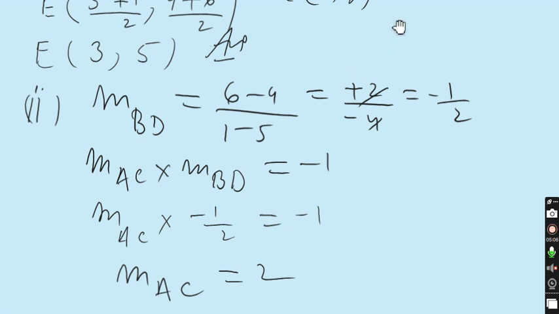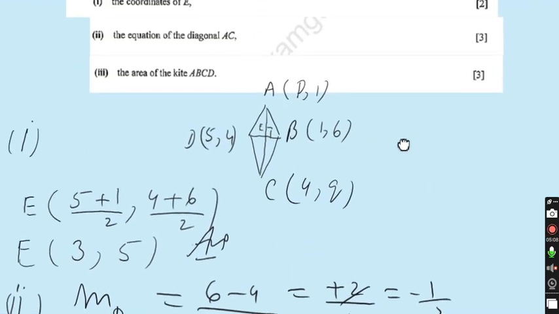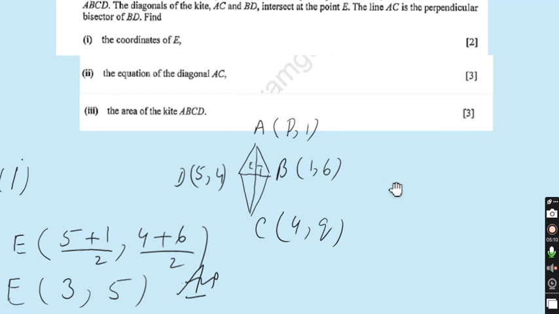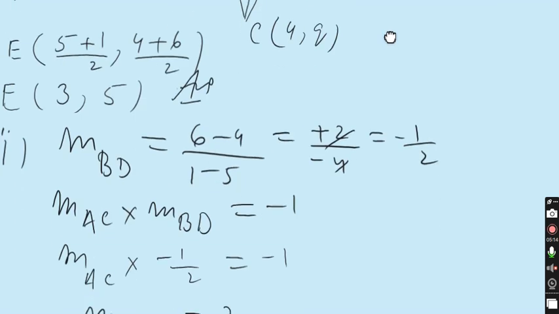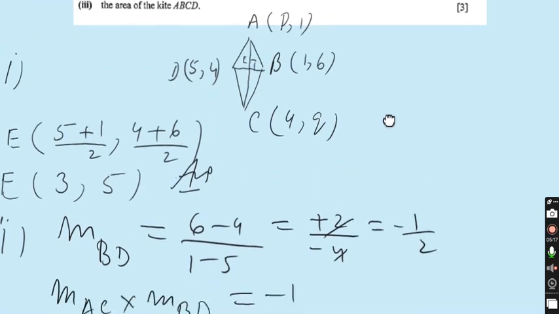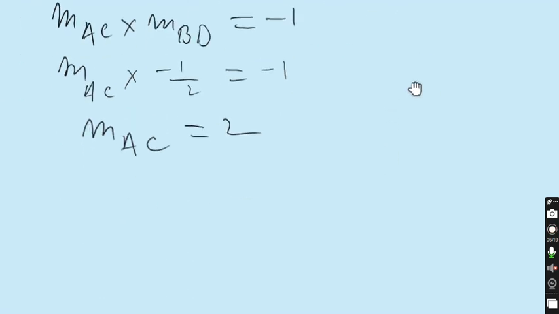So we need to find the equation of the diagonal AC. We already have the coordinates of E, which are (3, 5), and you can see that E lies on the line AC.